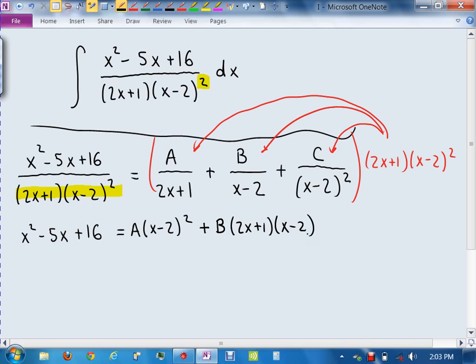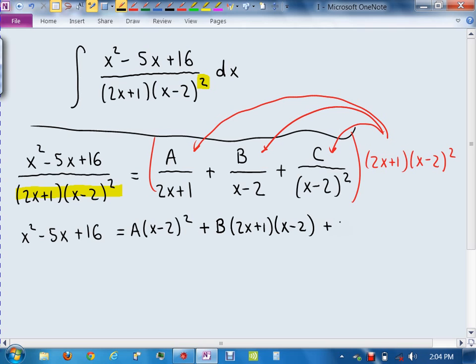If what's inside the parentheses is linear, then what you put on top is a constant. In the next examples, which we'll see, if what's in the parentheses is quadratic, then what you put on top is linear. Okay? Does everyone see that? Let me finish this and then I'll talk about it.